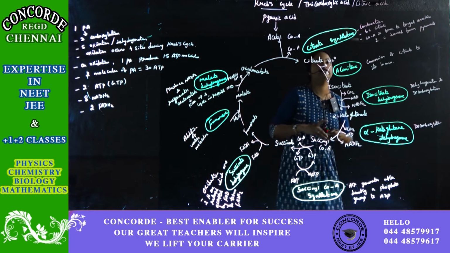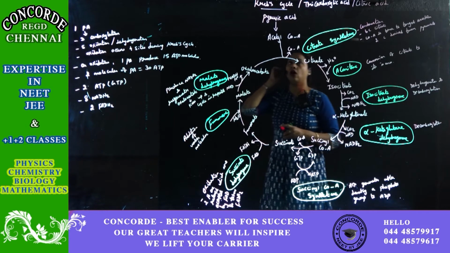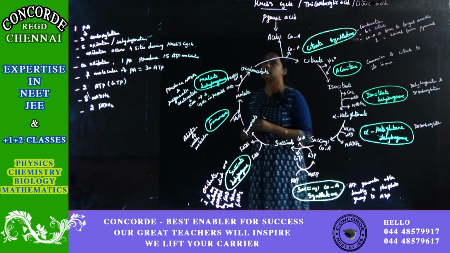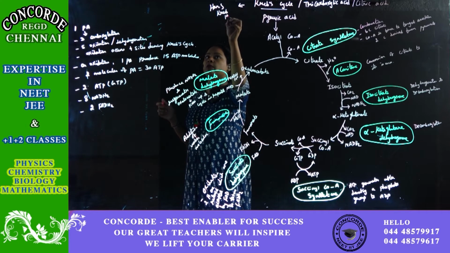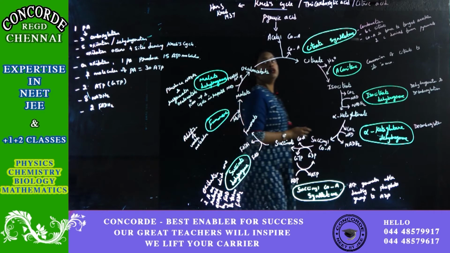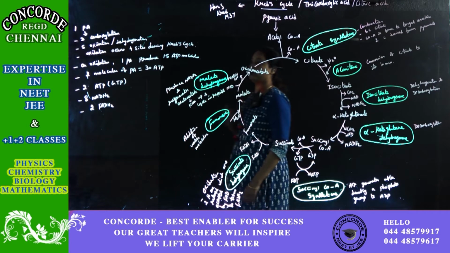Krebs cycle was discovered by a person called Hans Krebs in 1937, so from his name it came to be called the Krebs cycle.